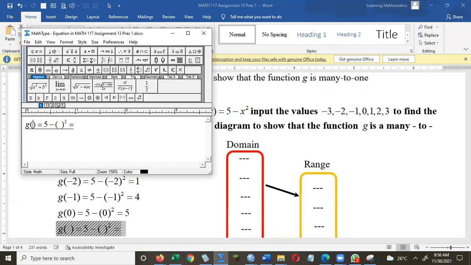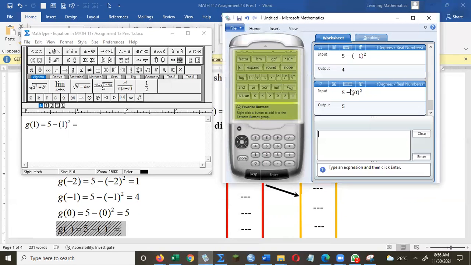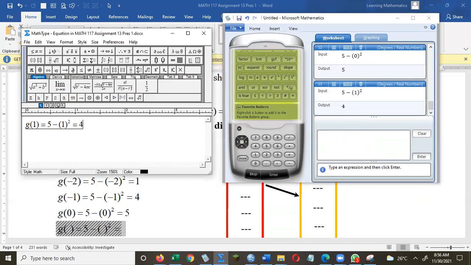So that's what you do for the first part of the question in assignment 13. You substitute those values into the function that is there and you evaluate. So we're going to put 1 now. I get 4. So let's speed up things.